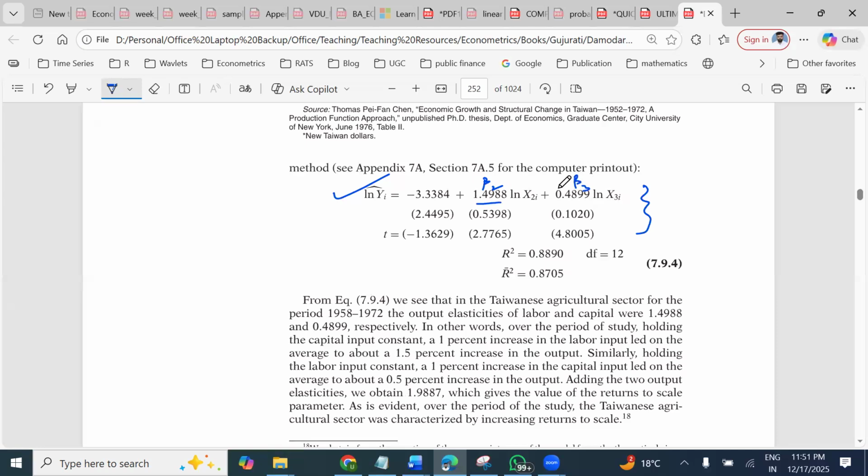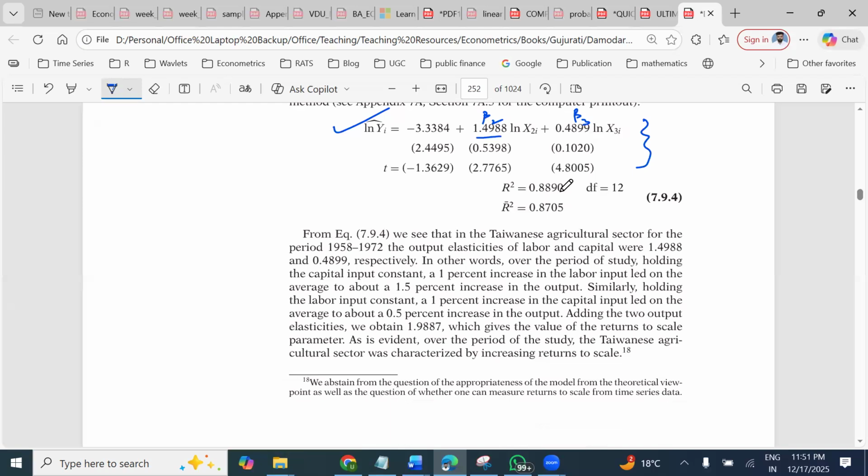Clear? So now if you add these two, how much is it coming? Just see. 1.9887. So definitely there is increasing returns to scale, because beta 2 plus beta 3 is greater than 1. Are you getting?